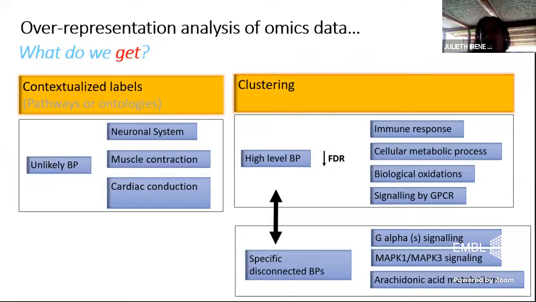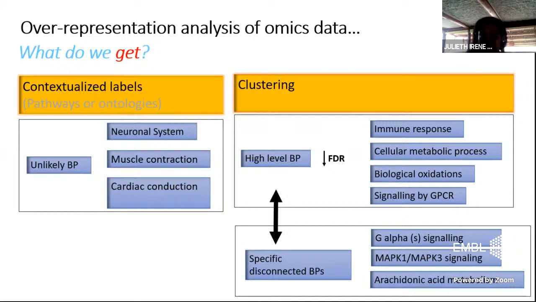And how did I address this issue of having disconnected, high level and lower levels of signaling pathways from the overrepresentation analysis outcome? By performing clustering of the results, clustering of the pathways based on the shared genes.